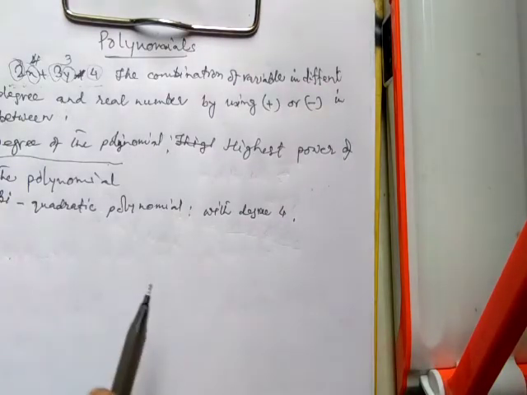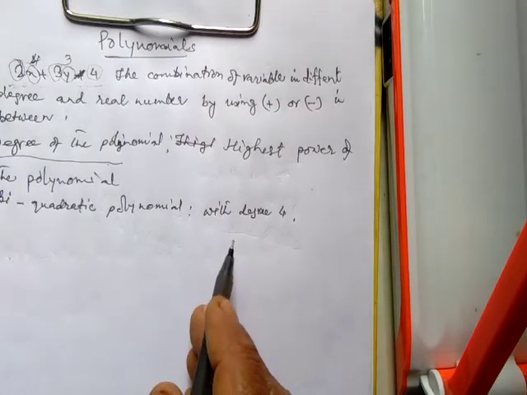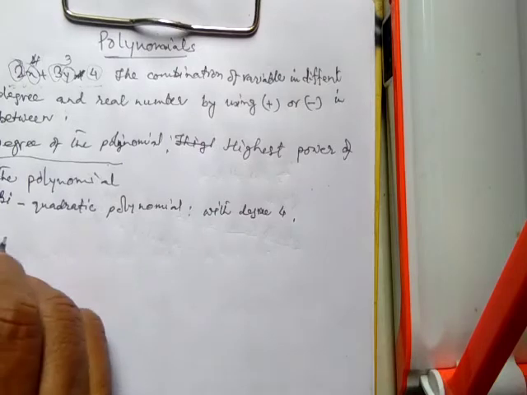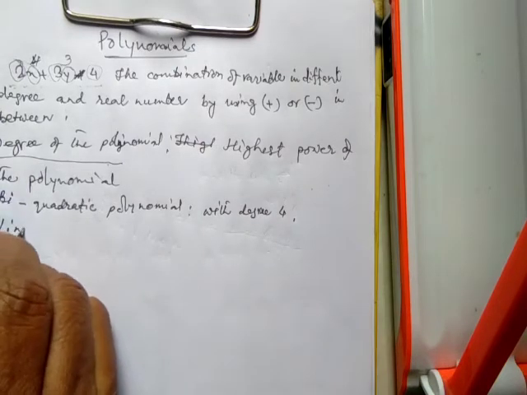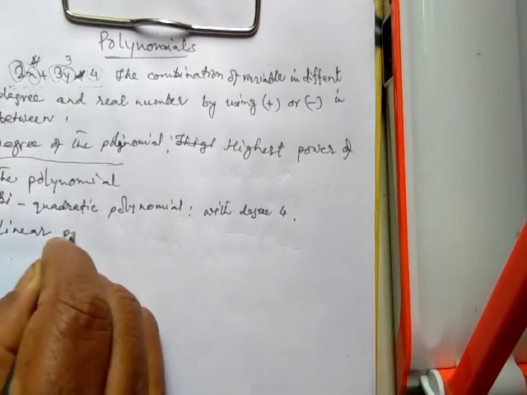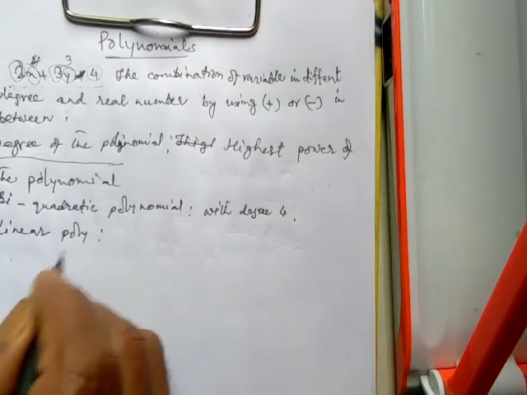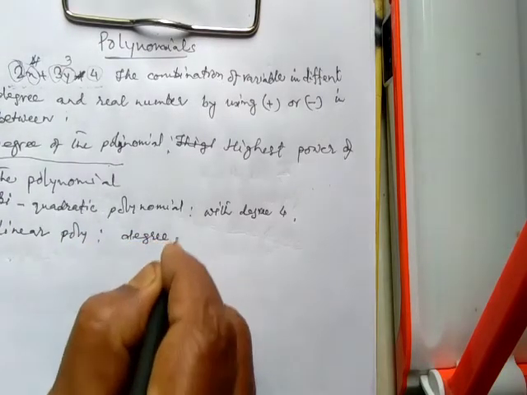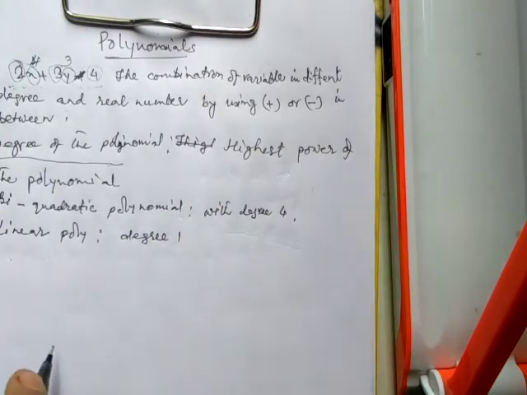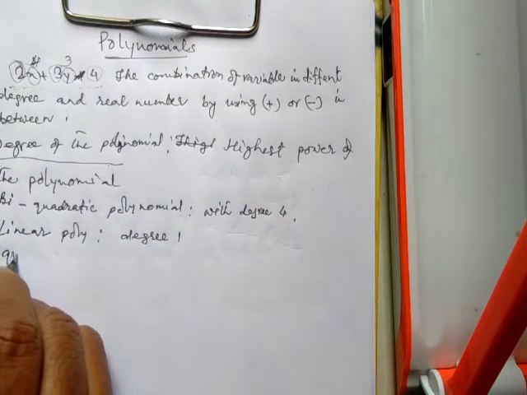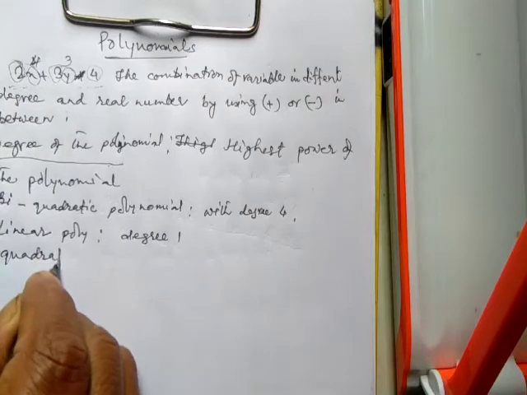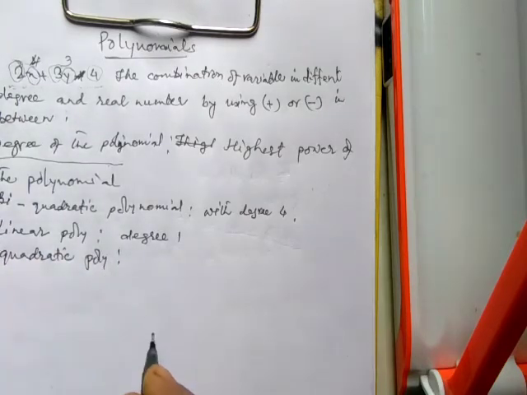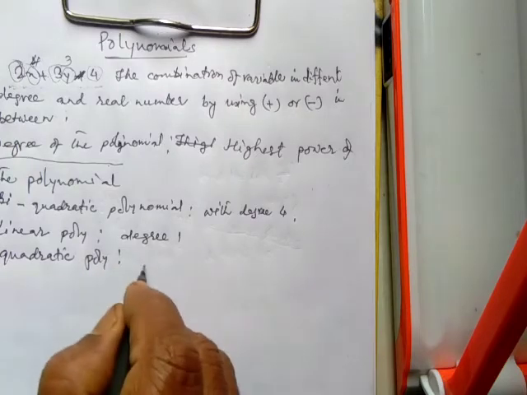So with degree 1, what is it? Linear polynomial, degree 1. Okay, quadratic polynomial. What is it? Degree 2.